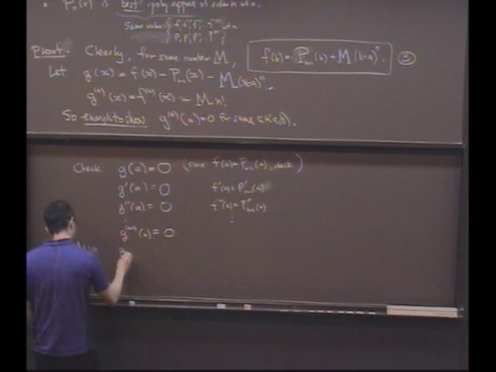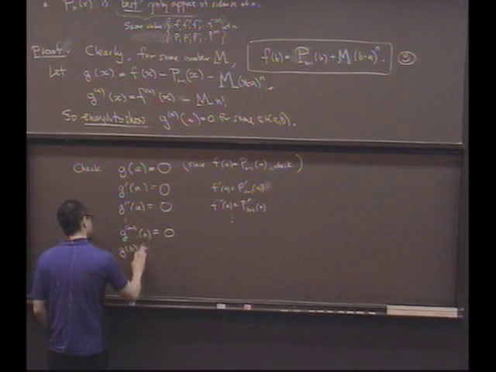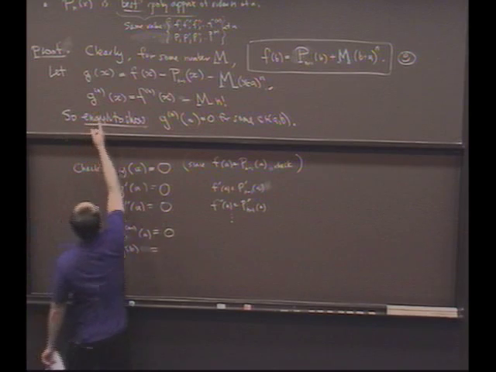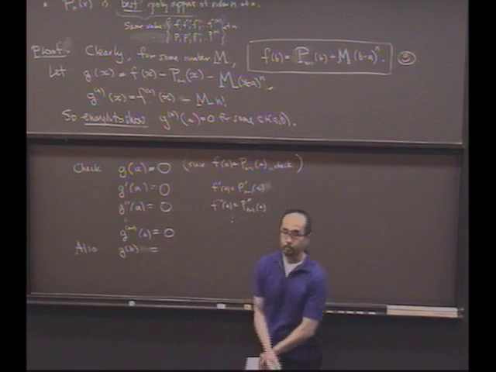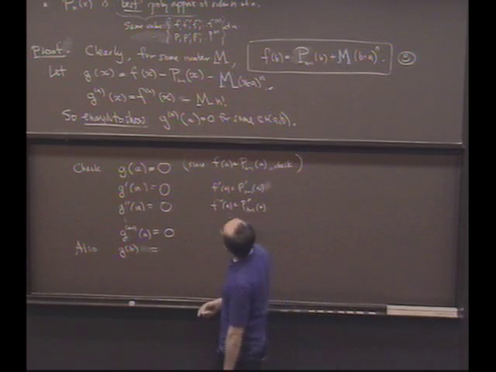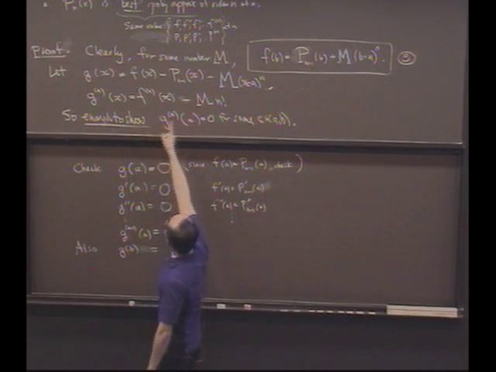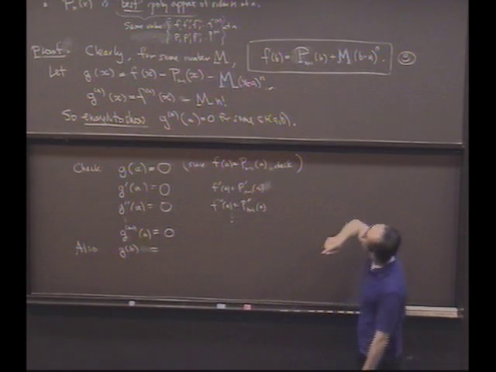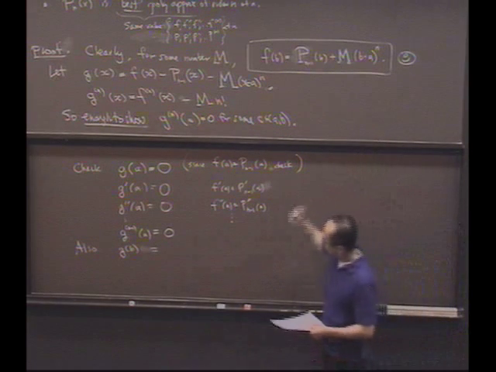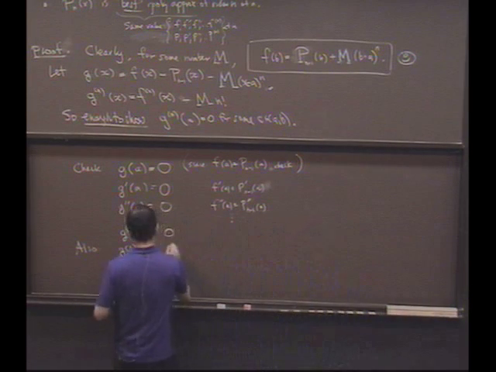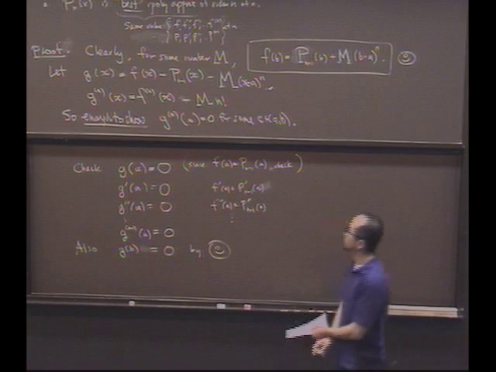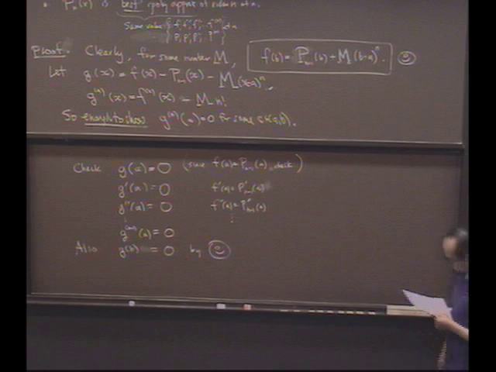What if I look at g of b? What happens when I plug in x equals b here? Why is it 0? That's the definition of m made this true.